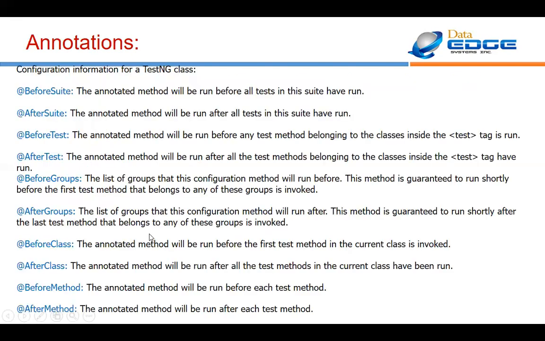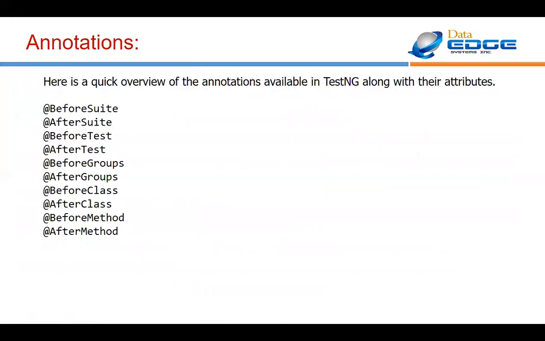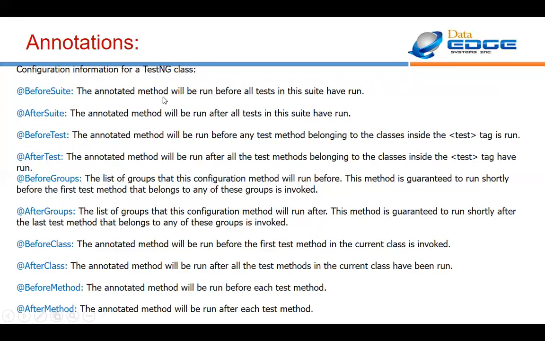Before starting with their different usages, as the name suggests, BeforeSuite means that the annotated method will be run before all test cases in the suite run. AfterSuite means whatever annotations or test cases we have written in our suite class, once we run that, only then can we run this AfterSuite method. So as the name suggests, whatever the name is telling, that is the same thing it does.